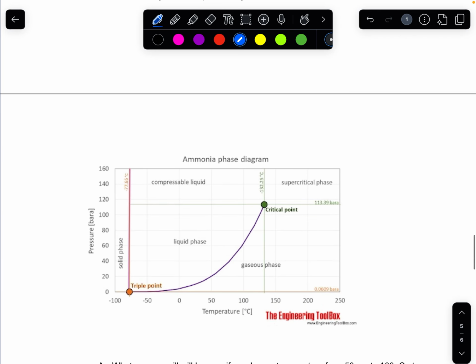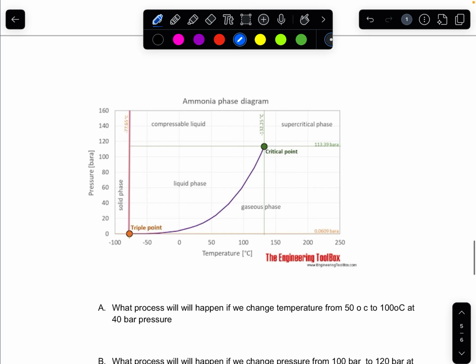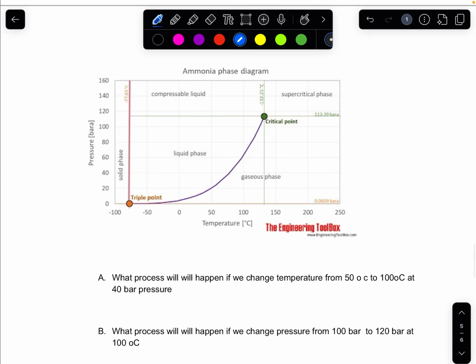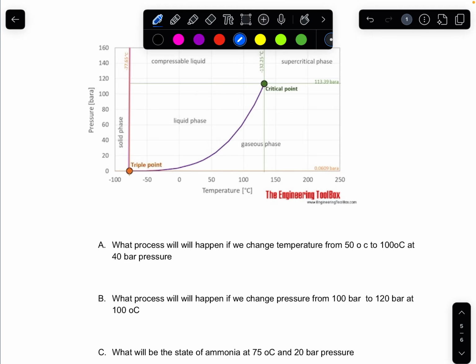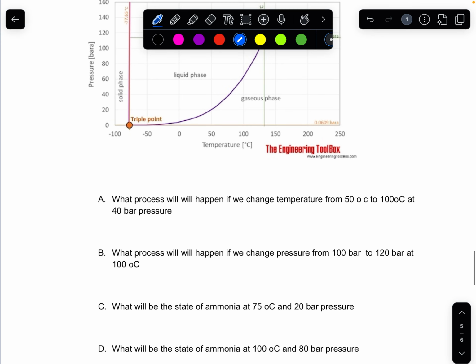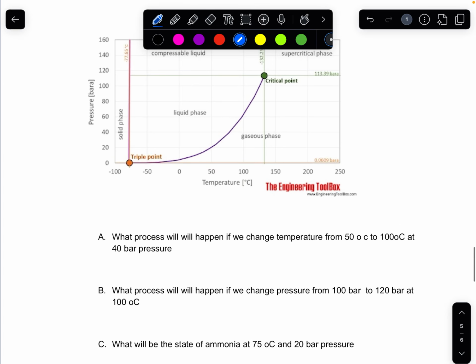Okay, then the phase diagram. Phase diagram of ammonia is given here, so you have to answer all the questions. I'm not doing any of these questions because they are all really easy.